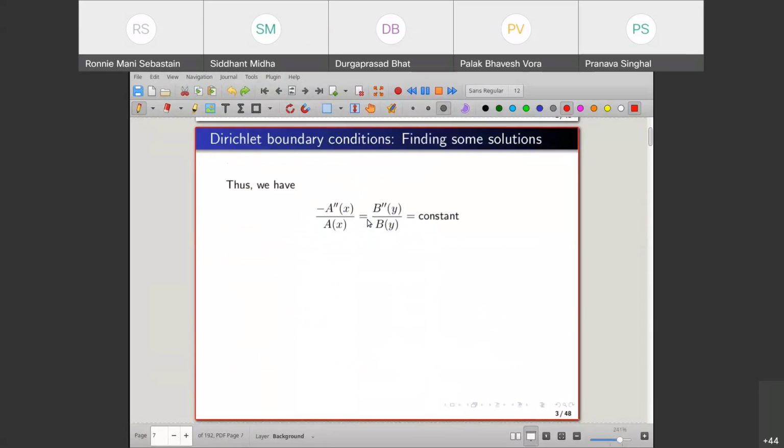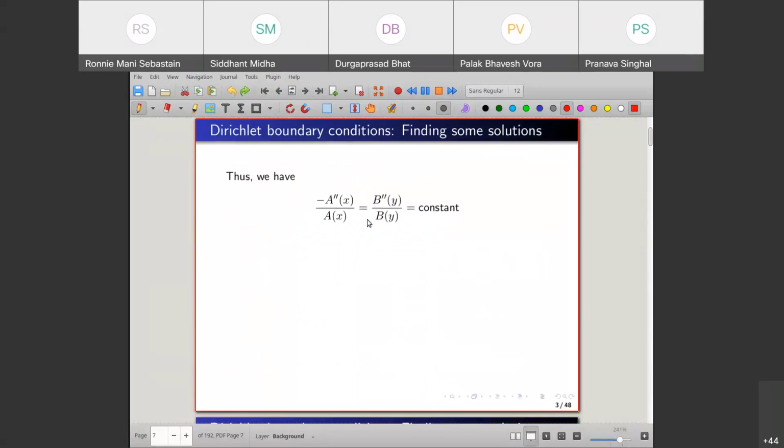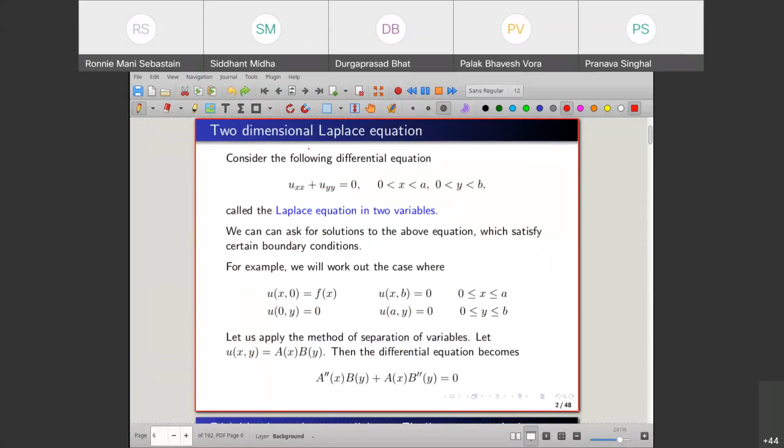We will solve this differential equation along with these conditions first. Let's try to find some functions of this type which satisfy these three conditions, 1, 2, 3.